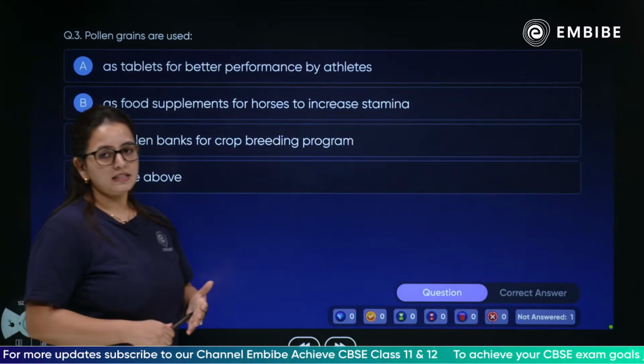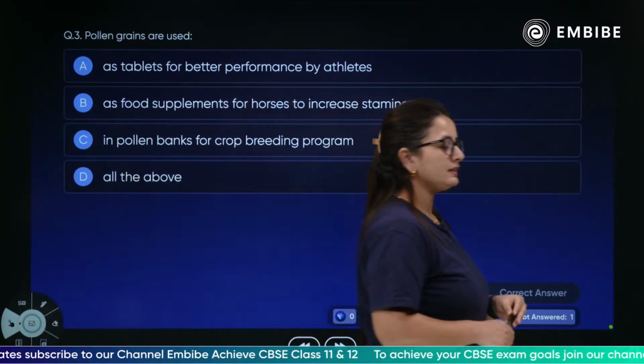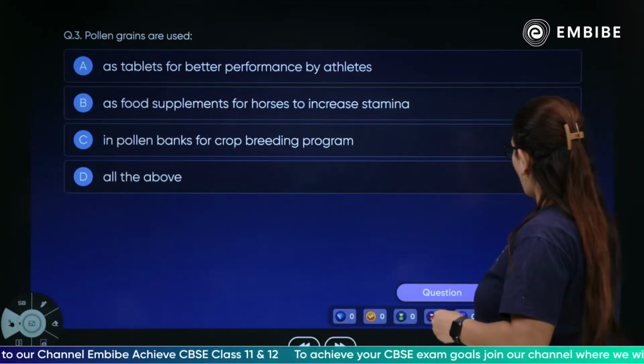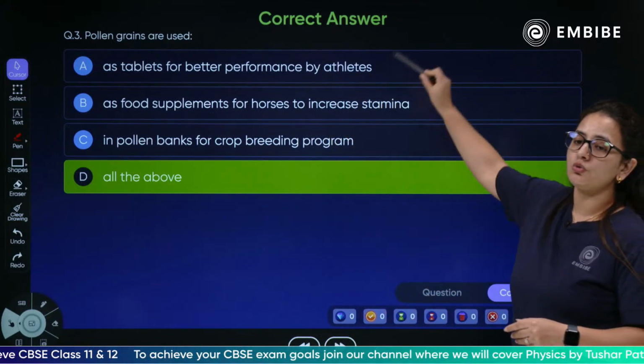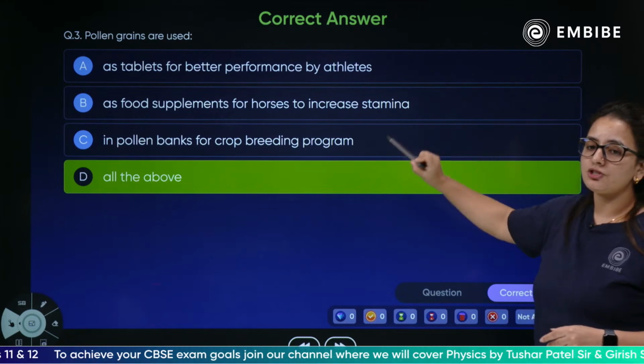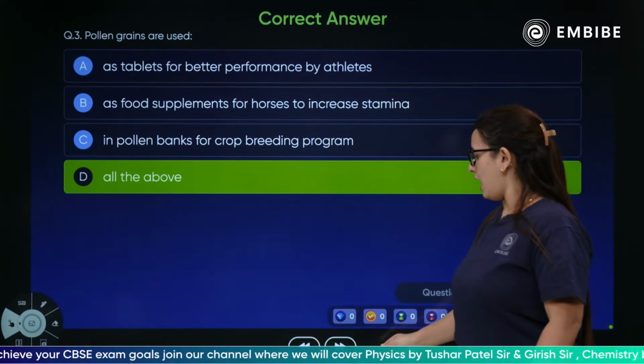The pollen grains are used for all of the above. All of these usages of pollen grains have been mentioned, so all of the above is the answer.